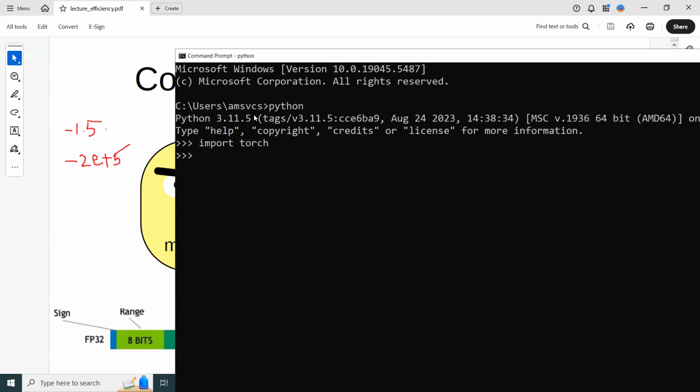So let's create a torch tensor 300 and use the float 16 data type, and multiply by the same number.